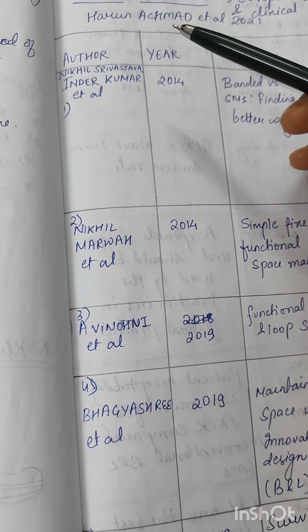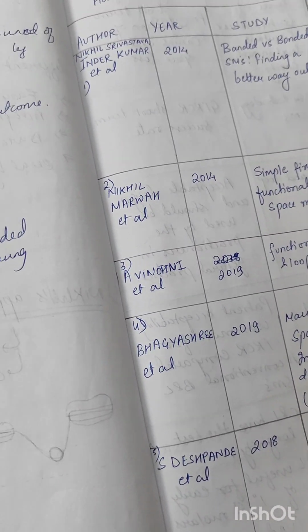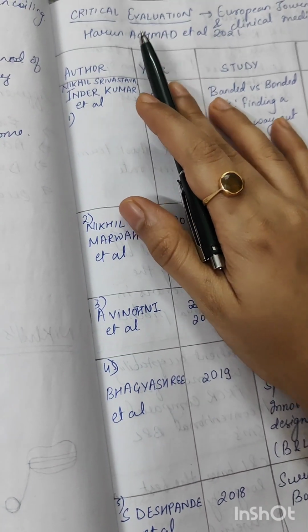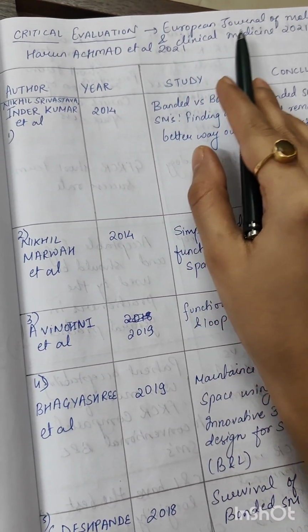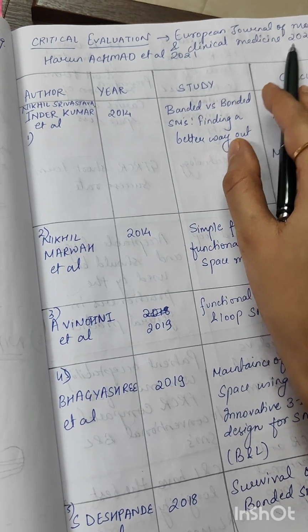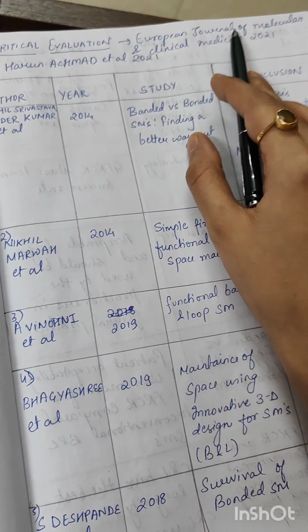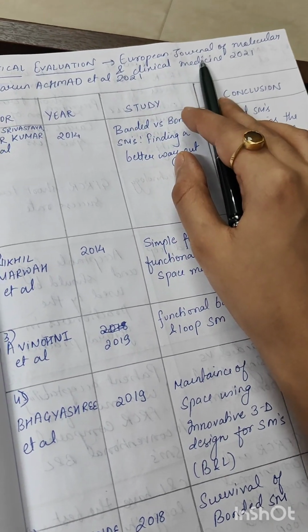Okay. So these are the various studies which were done, and it was published in the article by Harun Achmad et al. in the year 2021 in European Journal of Molecular and Clinical Medicine.